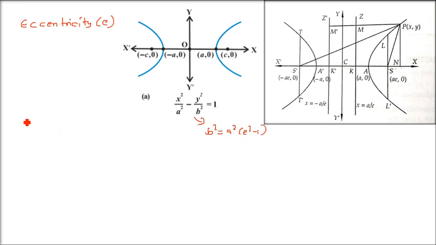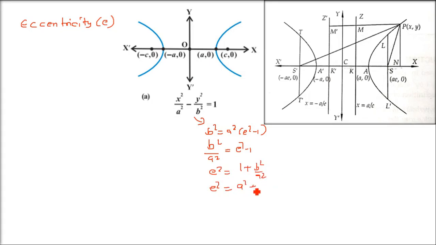So if we are interested in E square, what are we going to do? You take A square in the denominator for B square. So E square minus 1 will be equal to B square by A square. And then E square will be 1 plus B square by A square.